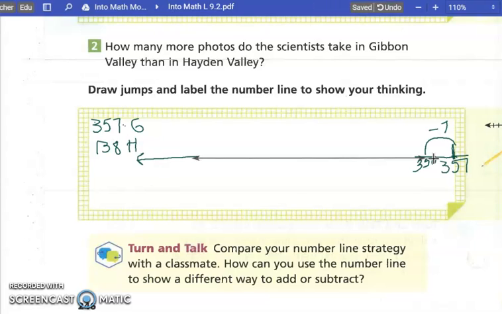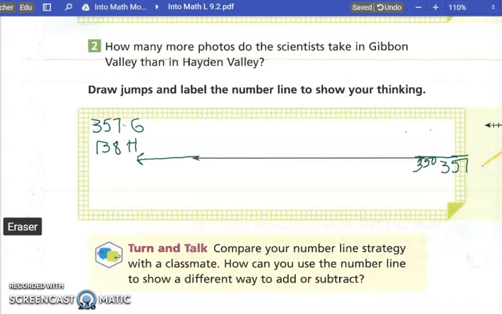So we're going to take away one more. I think we should just take away 8 to start with. Actually, if we're going to do it on a number line, I think we should start taking away by 100. How do you guys feel about that?